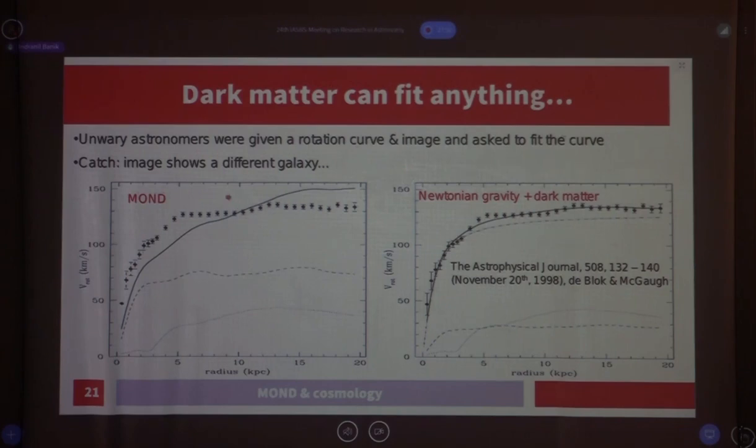MOND can fit real galaxies, but it can't fit arbitrary data sets. Whereas in the standard model of cosmology, I should say, the reason is that if you're allowed to add an arbitrary amount of invisible mass, it becomes possible to fit almost anything, including this completely fake data set.